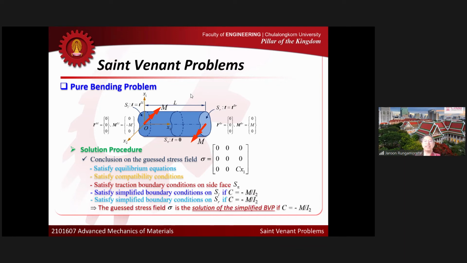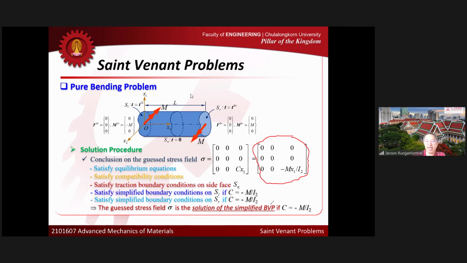So now we can say that the stress field sigma that we guessed is the solution of the simplified problem if C is minus M over I2. Okay, so now I can say that this is the solution that we would like to get. Right? That is the final solution of the simplified BVP.